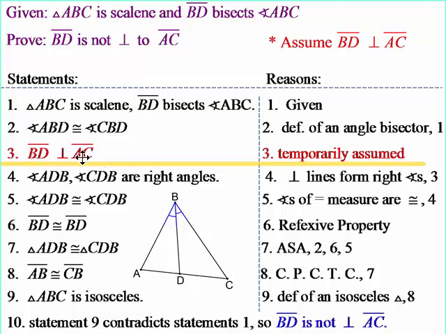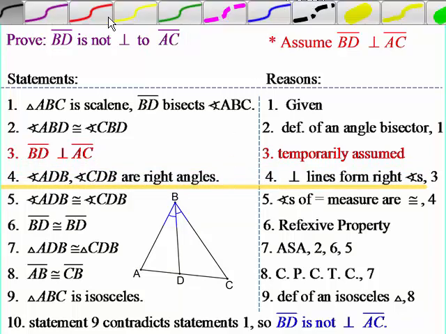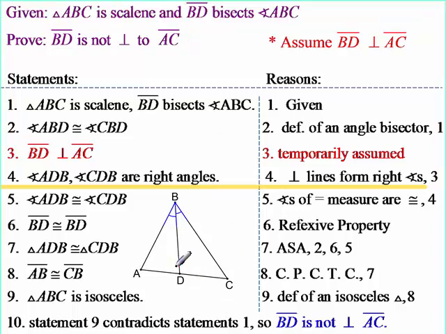Well, if they're perpendicular, then they form right angles, so that's what's taking place here. And then I should write that in the picture. So look, there's my little right angles. There's another one. Okay. And then, well, if they're both right angles, then they have to be of equal measure. So they're both congruent to each other.